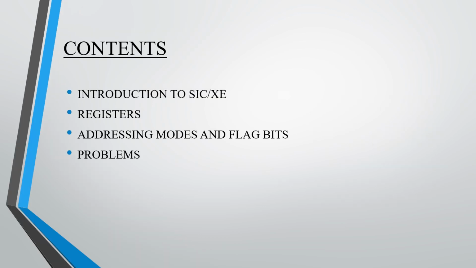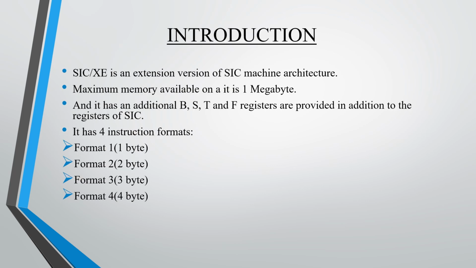So these are the contents of our topic: introduction to SIC/XE, registers, addressing modes and flag bits, and problems. So, introduction. SIC/XE is an extension version of the SIC machine architecture.